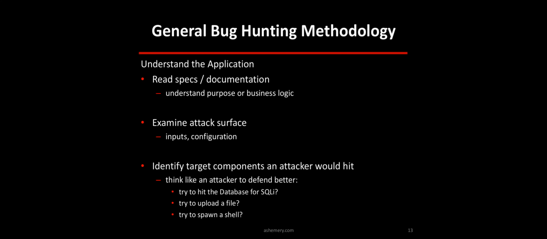If uploading something or running something will lead to creating another process, how will you be able to do that? How will you be able to spawn a shell? That process could be a shell, and a shell here means it gives you remote access or control over the system. So these are all ways you can use to do general bug hunting.